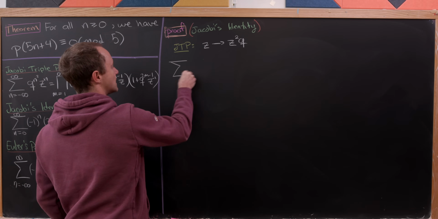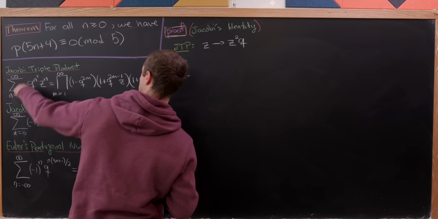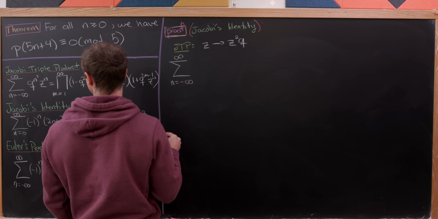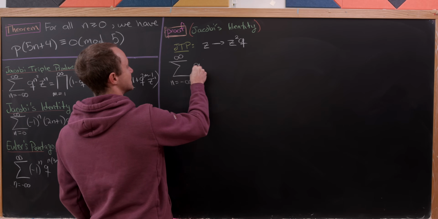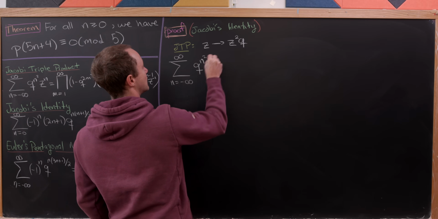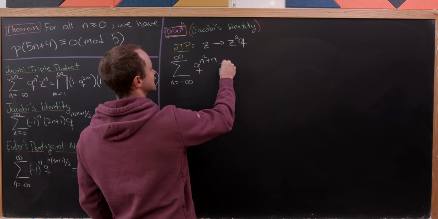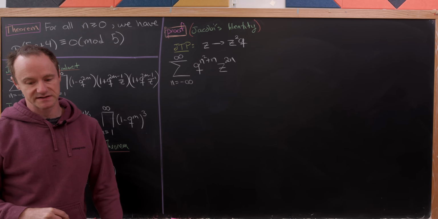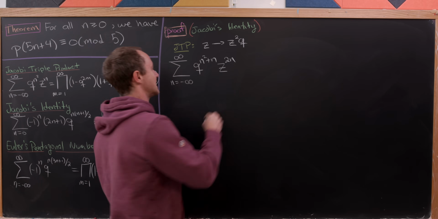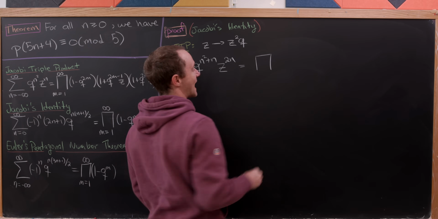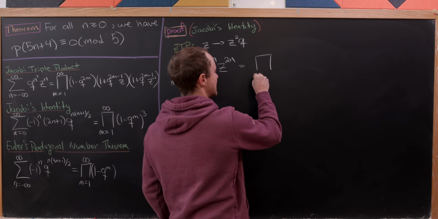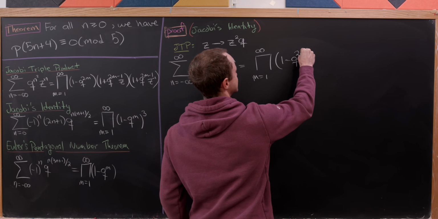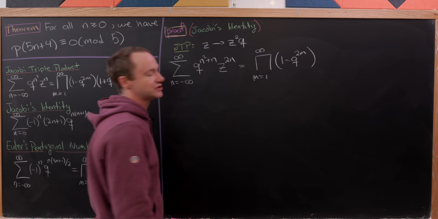Over on the sum side, this left-hand side, we'll have the sum as n goes from 0 up to infinity of q to the n squared plus n, times z to the 2n. And I think that's pretty clear how that goes over there on the left-hand side. Now, what about the right-hand side? Well, now we're going to have the product as m goes from 1 to infinity. Notice that the first portion of our product doesn't change, this 1 minus q to the 2m.